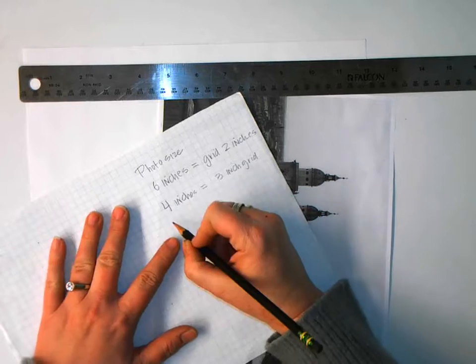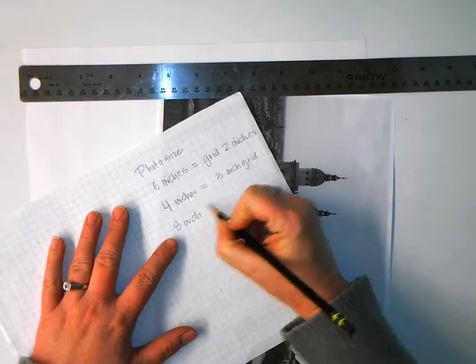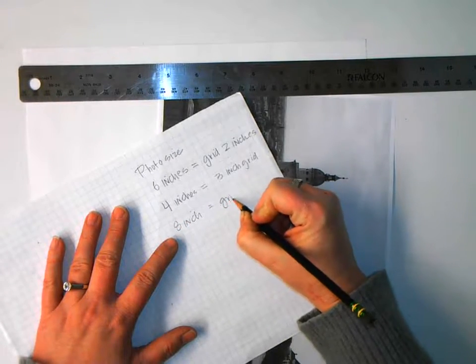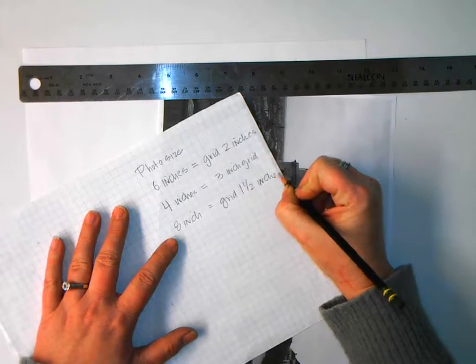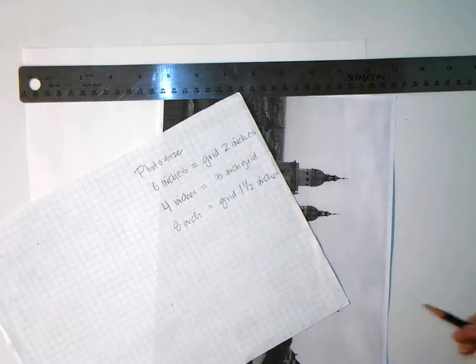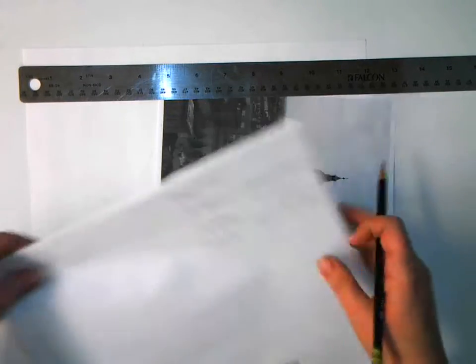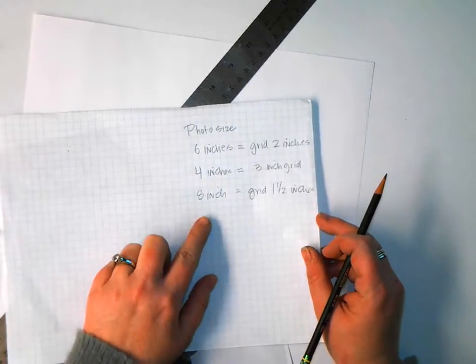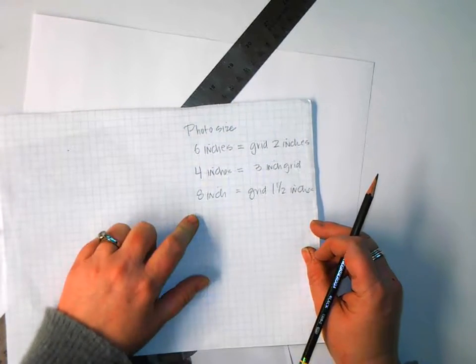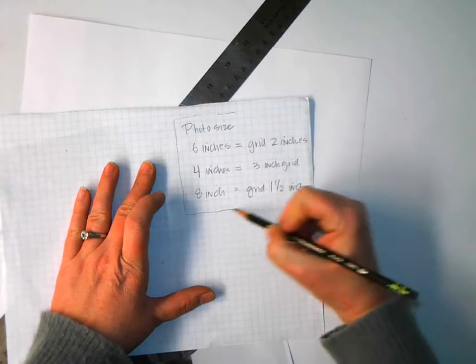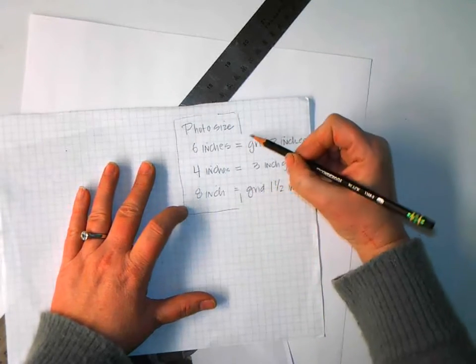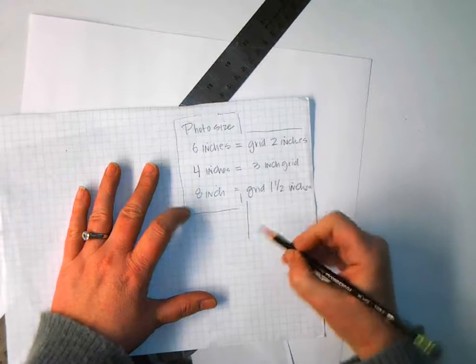So if I have an 8-inch photo, my grid will be 1.5 inches on my paper. So you do have to do a little math and figure out what size grid you need for your photo and what size grid you need for your drawing. Okay, so if this is my photo size, this is the size I need to draw my grid.